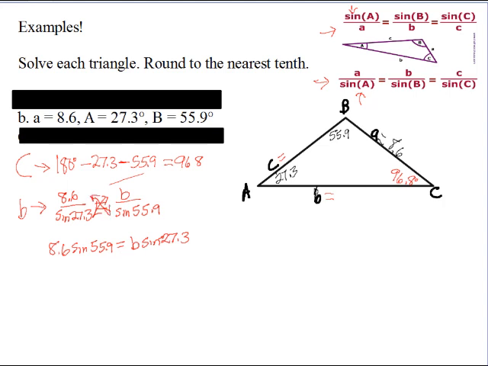And then we want to solve for little b, so we have to divide both sides by sine of 27.3. Cancel. b is approximately equal to, when you do this calculation, you should get 15.5.